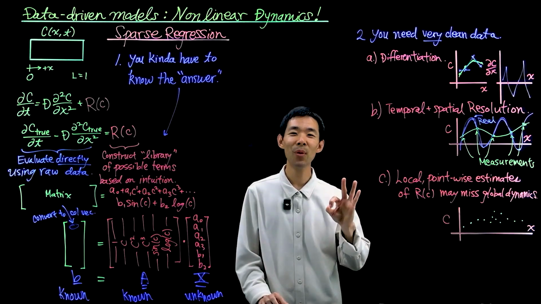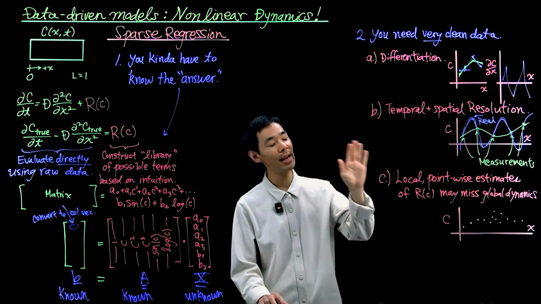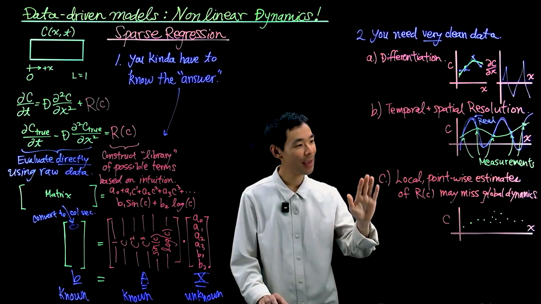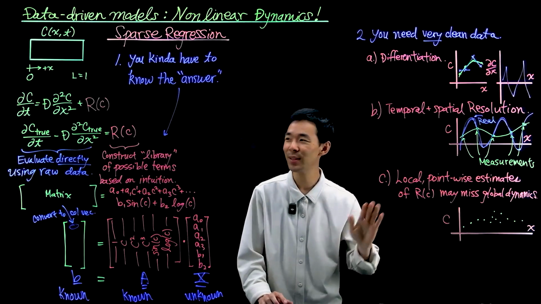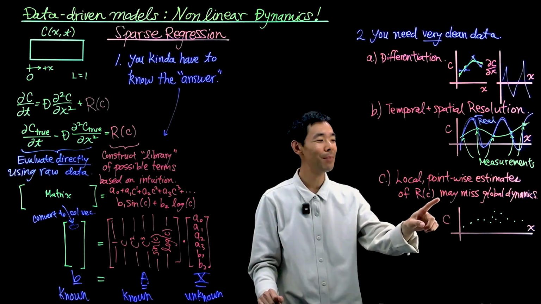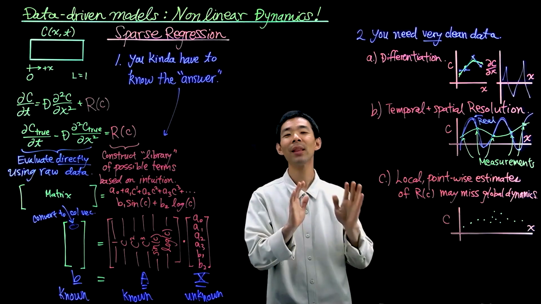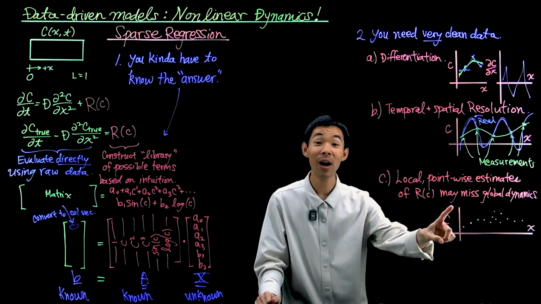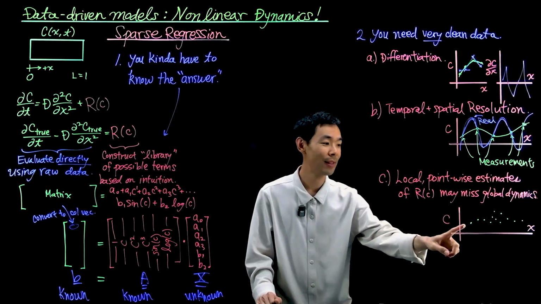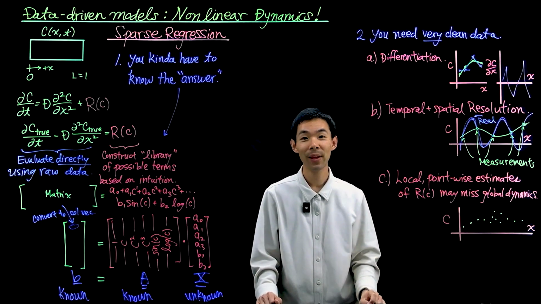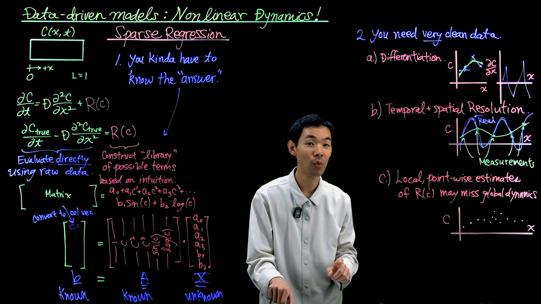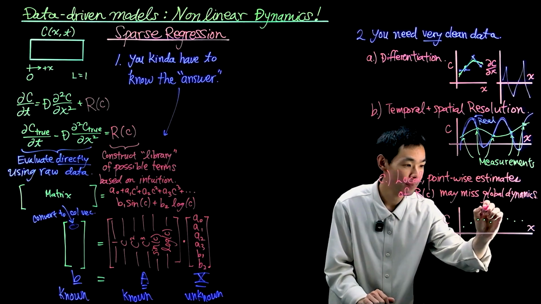So the last point I wanted to talk about regarding data is that this type of approach gets a local point-wise estimate of your unknown function, and that may miss global dynamics. Let me make this concrete. Let's suppose you have a concentration profile as a function of position, and you measured data at these values shown in the dots. And it's very clean over most of the space, except there's a region inside there which is very noisy.